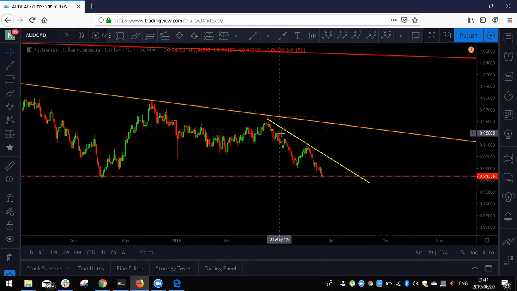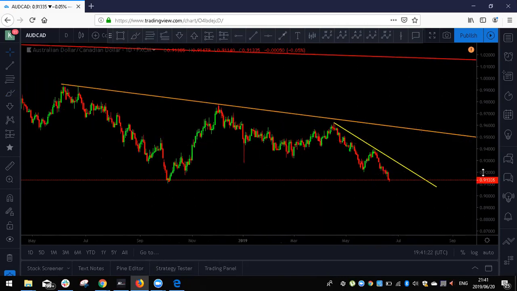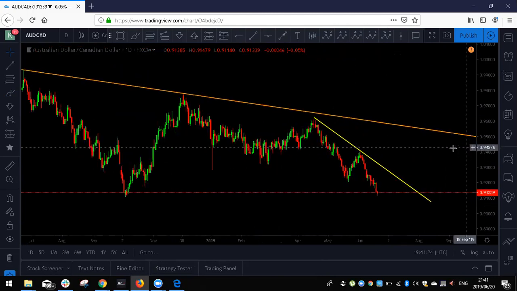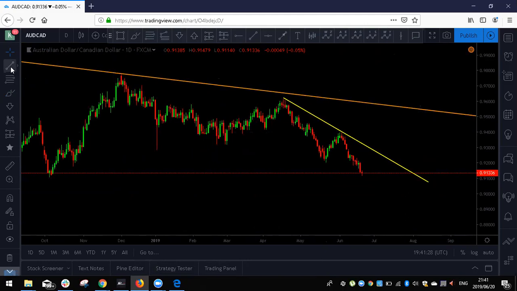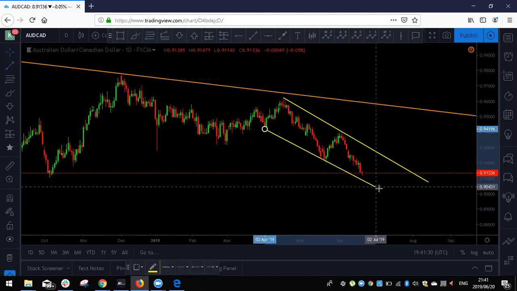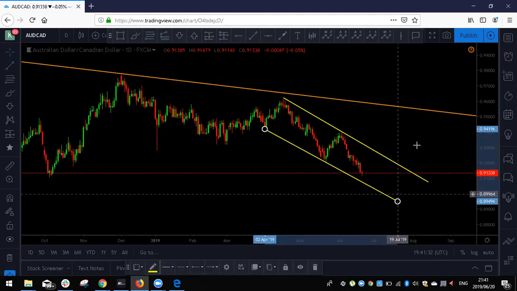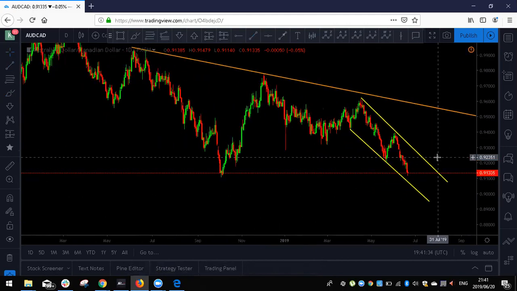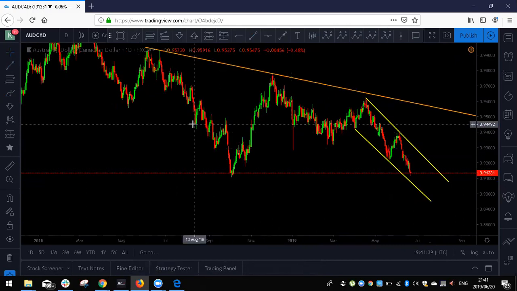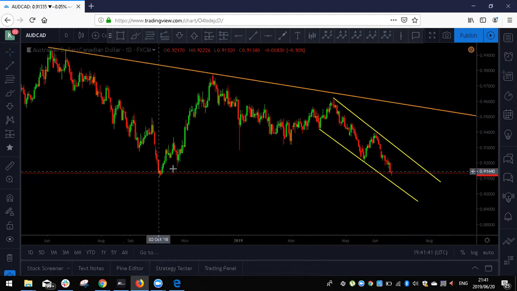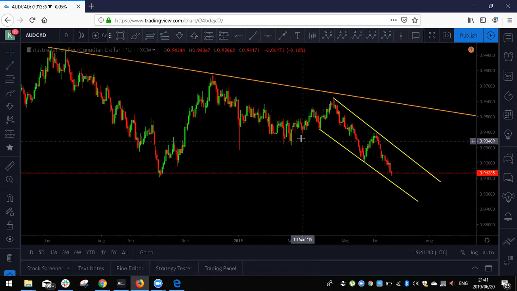So this one is orange and this one is yellow. If you can see. Oh, they both look orange. I think this one is in a channel, but we'll have to confirm. Let's say it's in a channel like this. You don't need to draw a line there because price has passed.